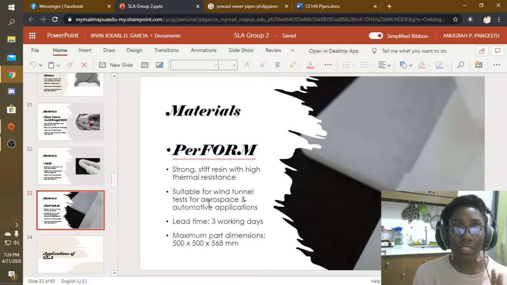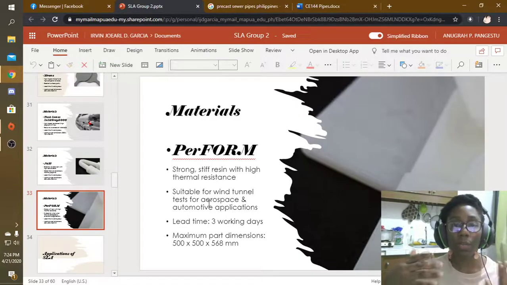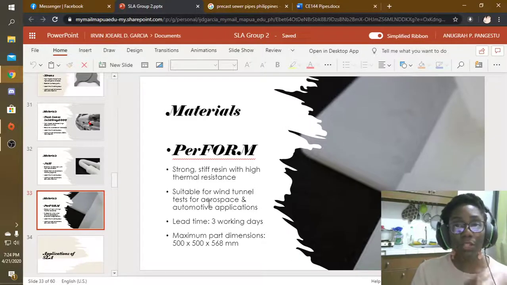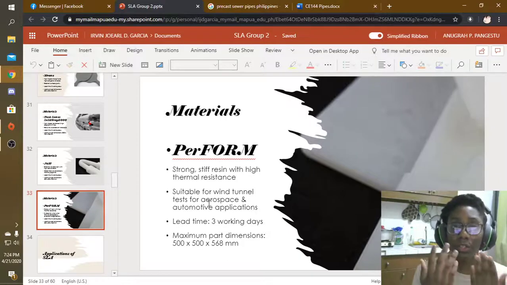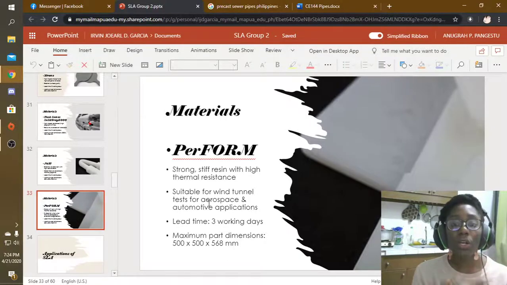Because as they test it in the wind tunnel, they have to determine where they have to cut out in order to make the air pass through, or how they need to chisel it up to make sure that the sides are in line with the winds that touch the surface of the skyscraper. So this material definitely is one of the best materials, especially because it's lightweight, very durable, very resistant to thermal stress, and very strong.